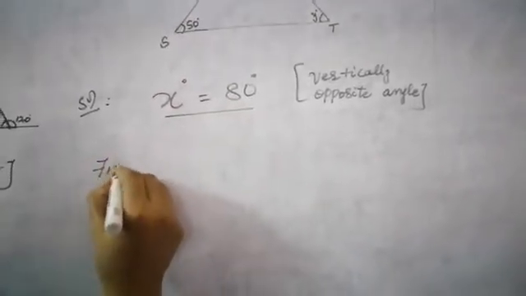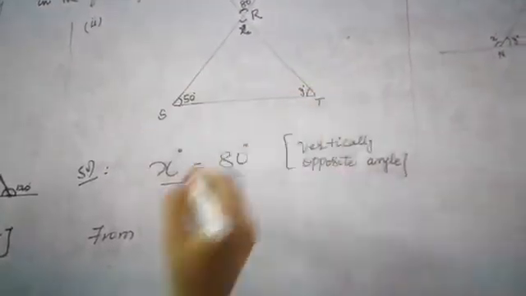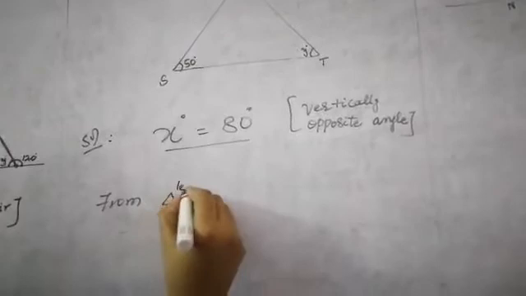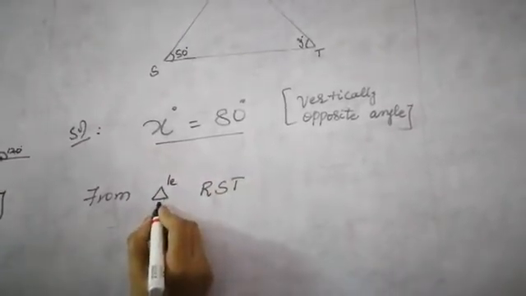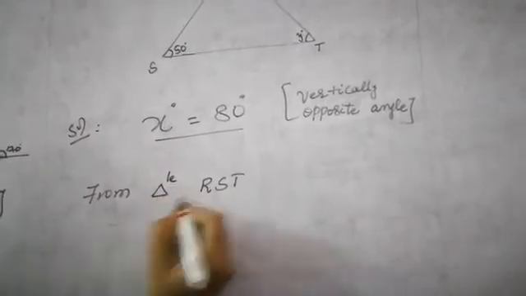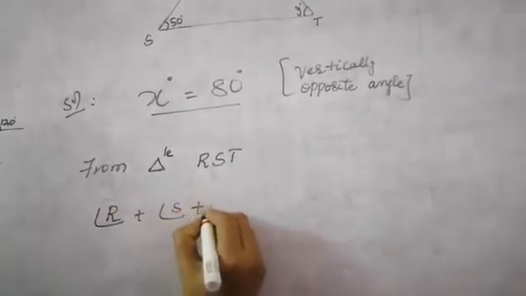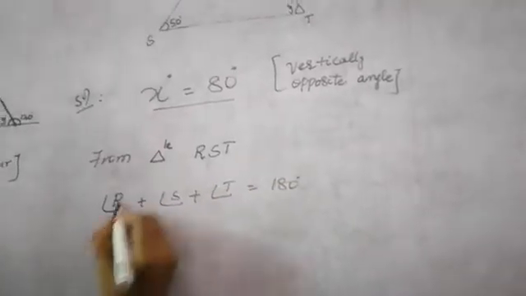Now from triangle, what is the name of the triangle, children? RST. I am not writing the word triangle, I am just giving the symbol of triangle. Angle R plus angle S plus angle T is equal to 180 degrees. Angle R is how much, children?